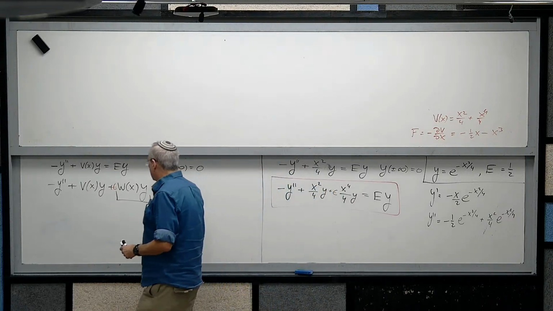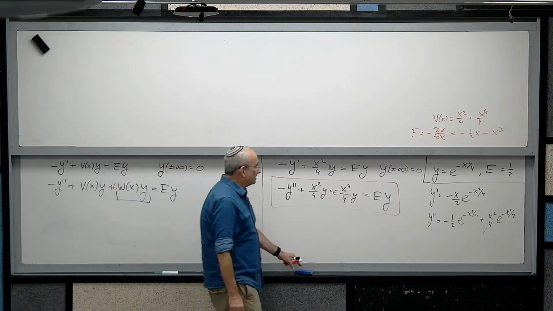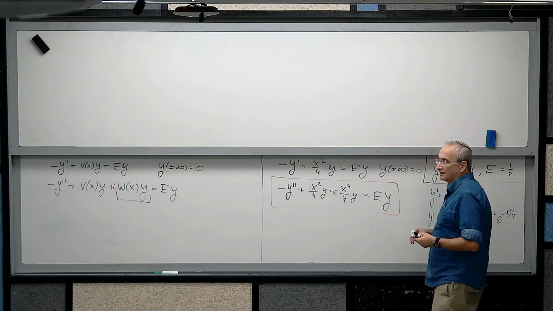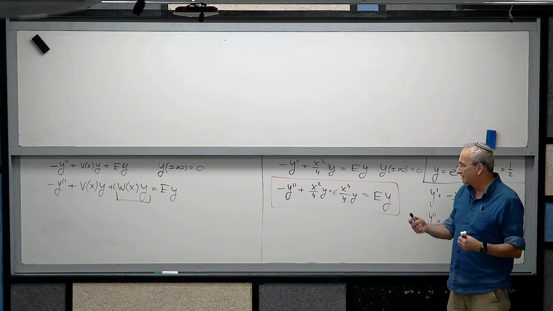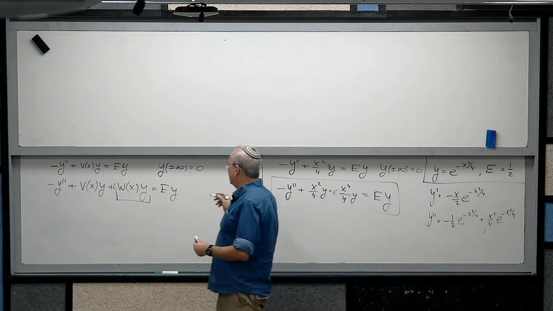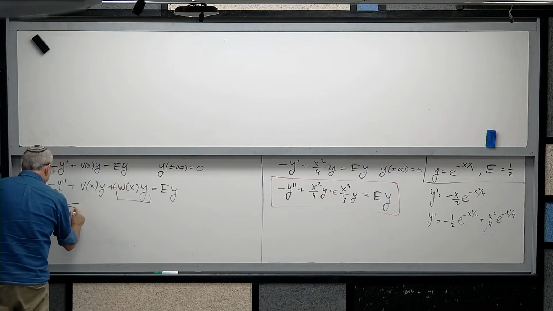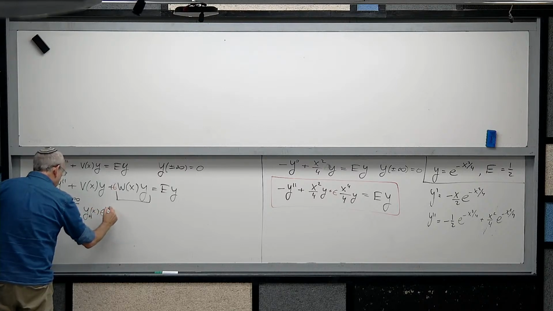Fine. So the question is now what we are supposed to do in such a situation, and what we suggested in the last lecture is to attack this problem perturbatively. What does it mean? It means that we will assume that y is the sum from n equals 0 to infinity of y_n of x times epsilon to the power of n.